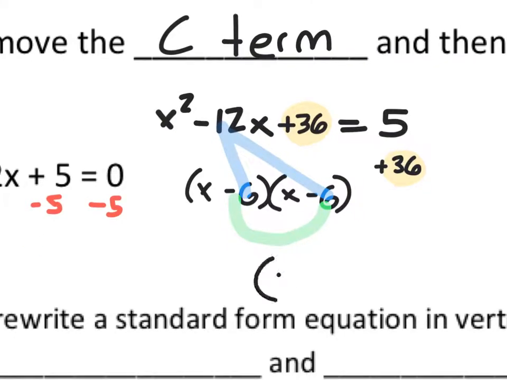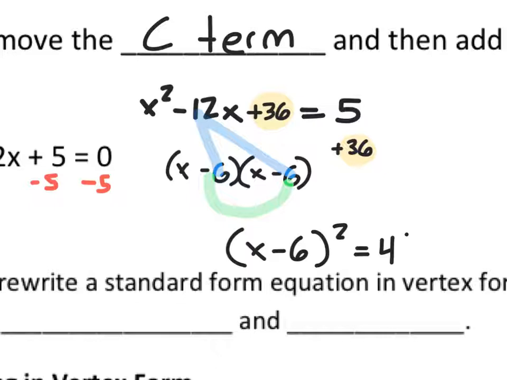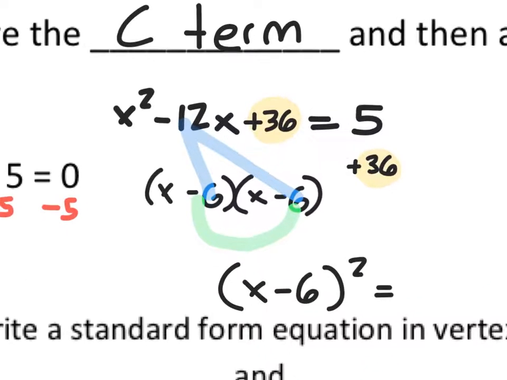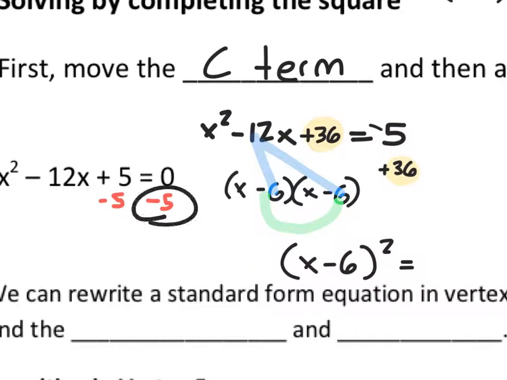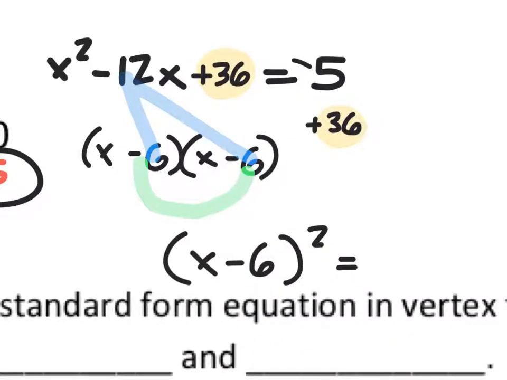Which now takes us to x minus 6 squared is equal to, sorry, we missed here that this was all the way back a negative 5. All right, from right there. So we have negative 5 plus 36 to get us a 31.